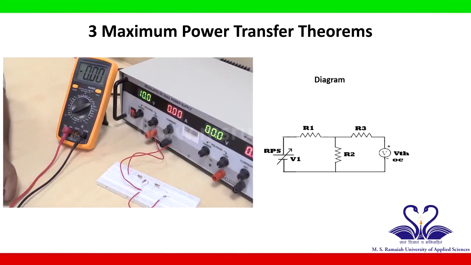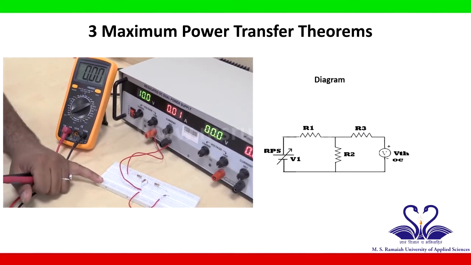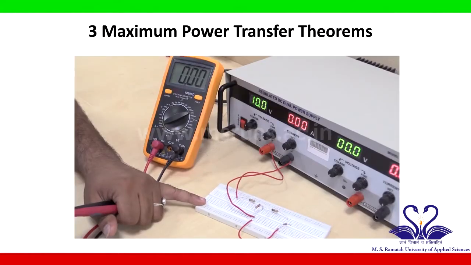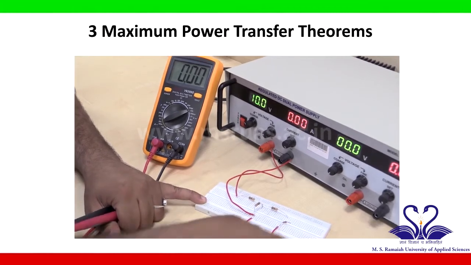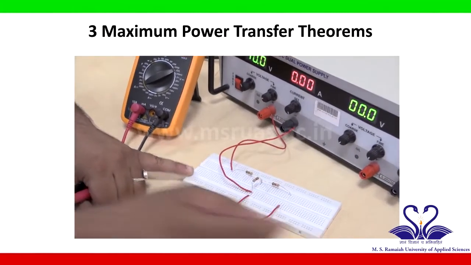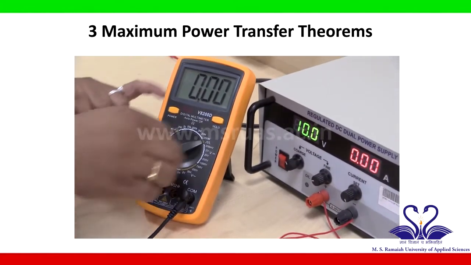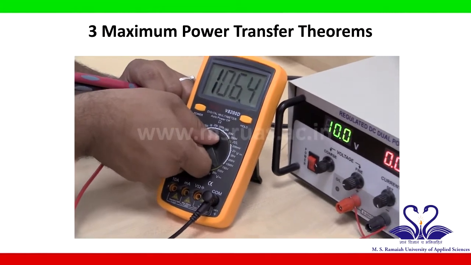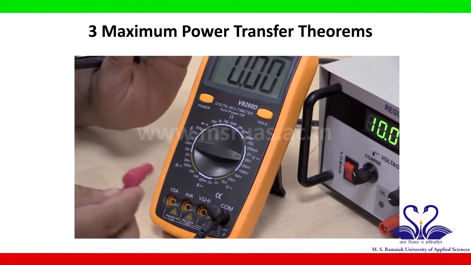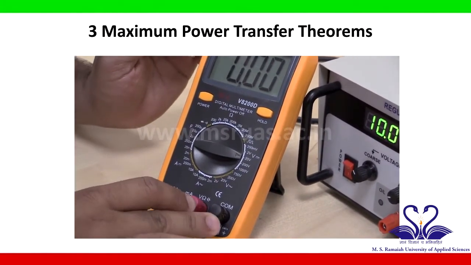To verify Thevenin's voltage, we need to remove the load resistor and measure voltage across the load terminals. Therefore, we are removing the load resistor. Now we shall put the multimeter to DC voltage position and put the red knob to voltage measurement position.